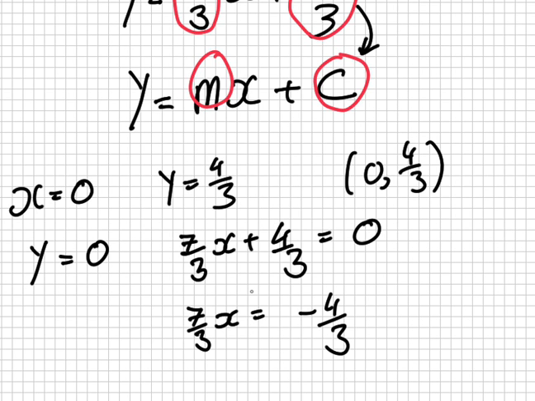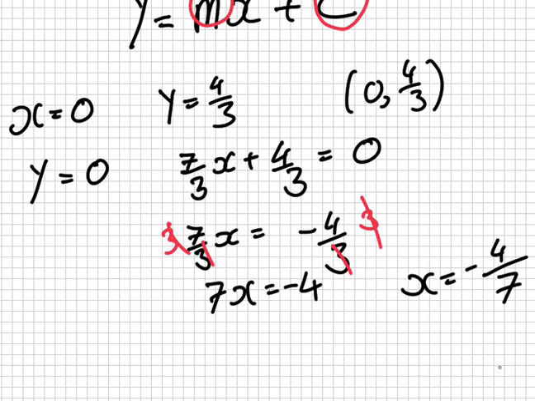You can cancel these 3's here, but if you're not happy with doing that, that's fine. You can just bring that over here and divide by 7 over 3. But if you prefer, you can multiply both sides by 3 and cancel that. It doesn't matter. So you get 7x equals minus 4, so x equals minus 4 over 7. So that's my second point, minus 4 over 7, 0.